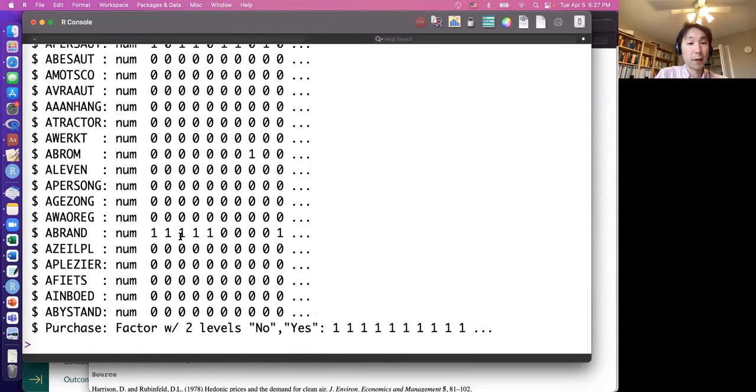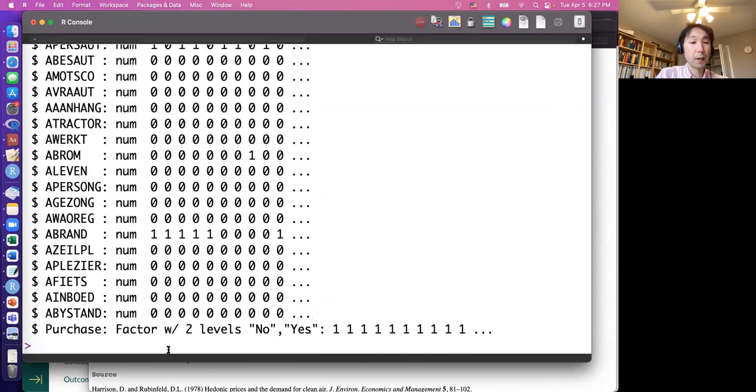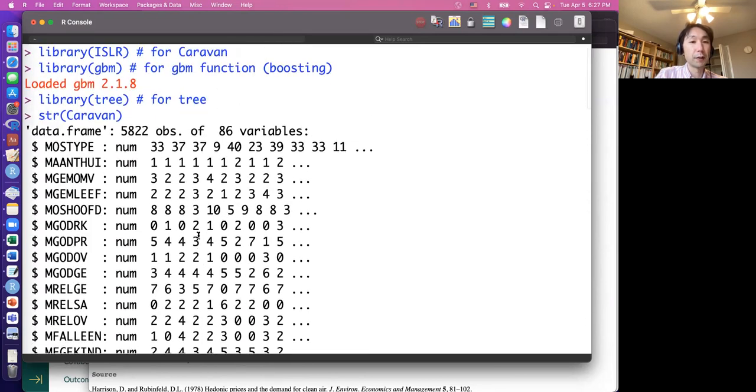The last one is purchase or not, so this is the response variable. I believe this is 1 if not purchased and 2 if purchased, or just the no and the yes. Factor variables are interpreted as 1 and 2 if we make it numeric.